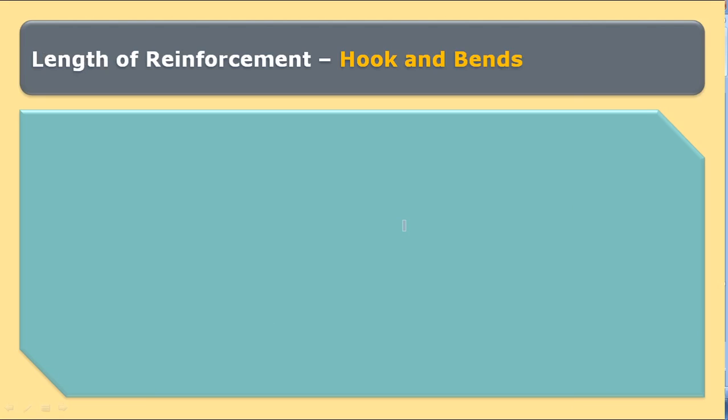Now, length of reinforcement. In order to calculate the quantity of steel reinforcement in any civil engineering work, we need to know first its mode of measurement. The mode of measurement for steel reinforcement is ton or quintal or kg.